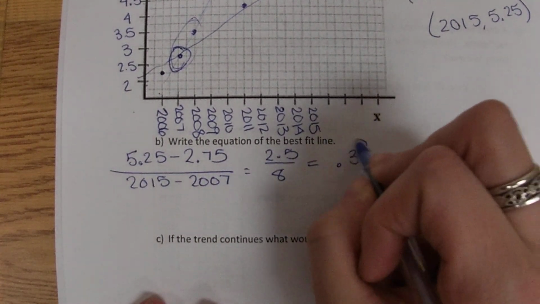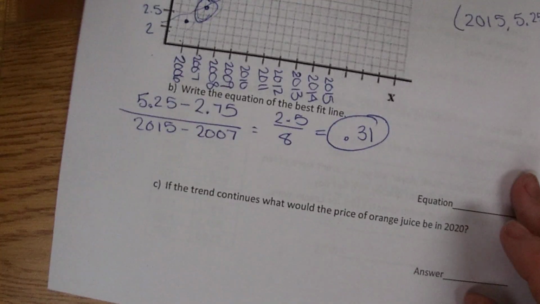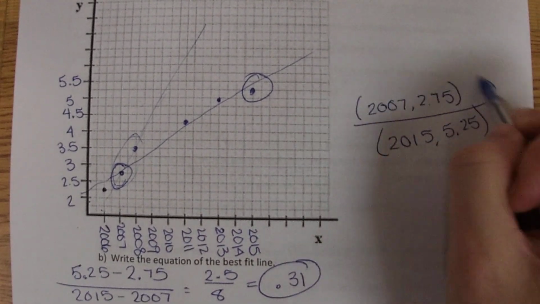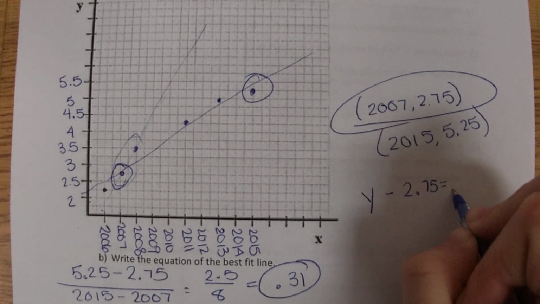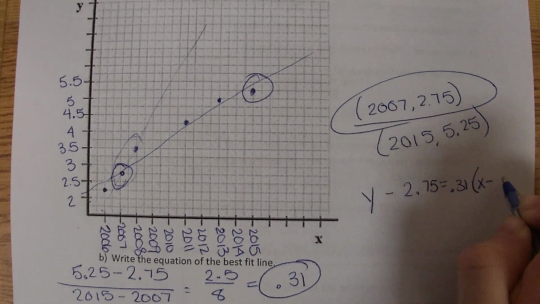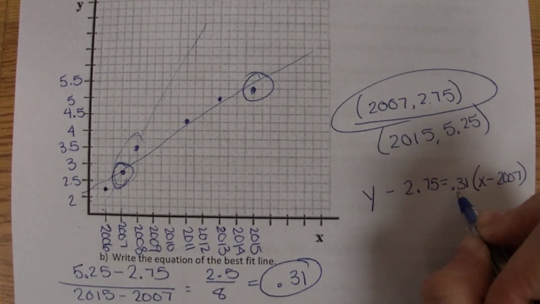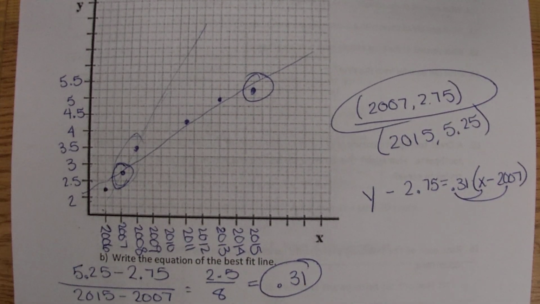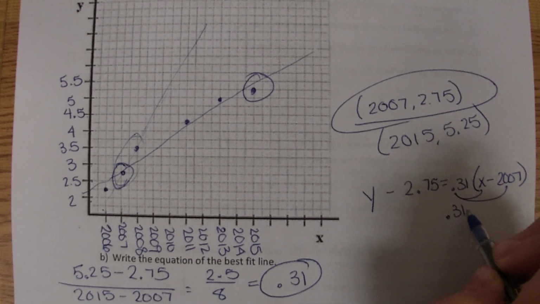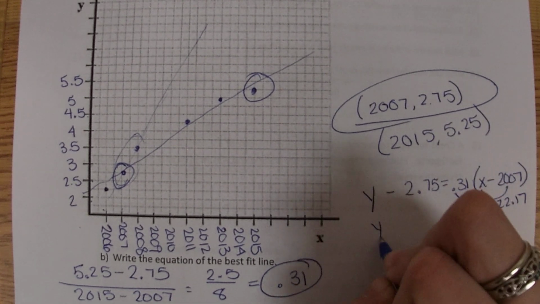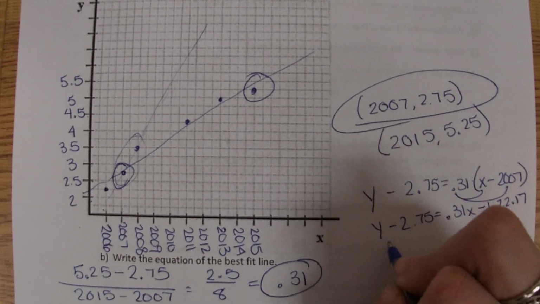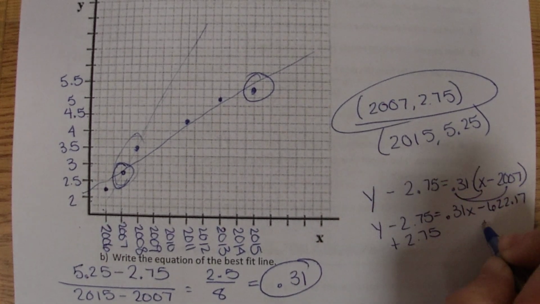Then I need to plug into point slope form, so I have a slope. How about I use one of my points? y minus my y coordinate equals m times x minus my x coordinate. I'm going to distribute. Add that over.